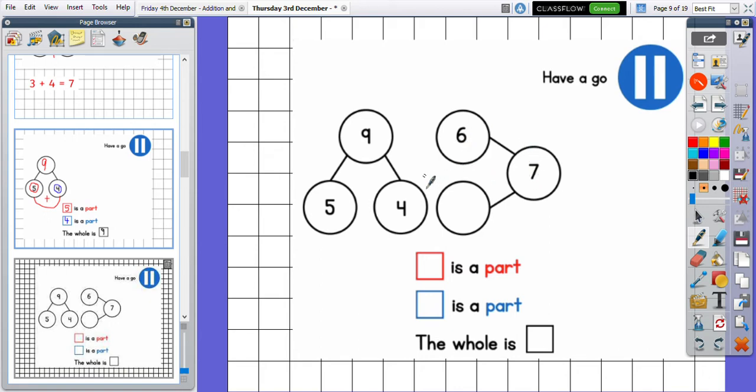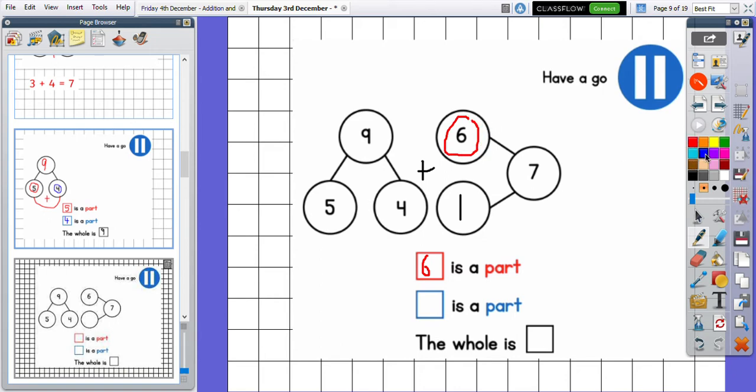Now I know that if I add 1 to my part, it's going to make 7, because 6 add 1 equals 7. Okay, so I have got my boxes here that I can fill in. I'm going to forget that one for now and I'm going to write it for this one here. My part is going to be 6, which is here.